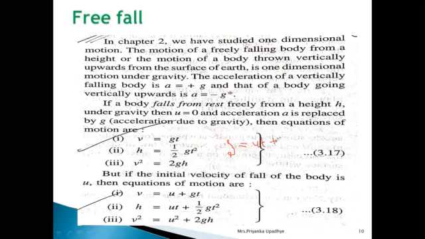In this case, s will become the height, the displacement will become the height. And then here u is equal to 0, so this term will become 0, and this a will become g. Therefore, you will get h is equal to half gt square.